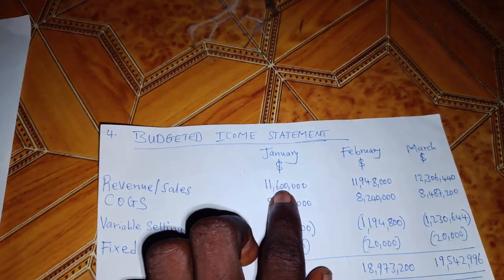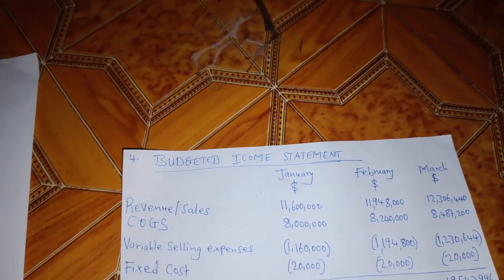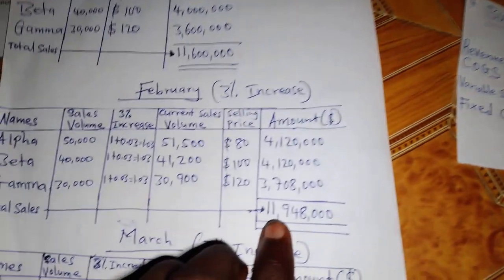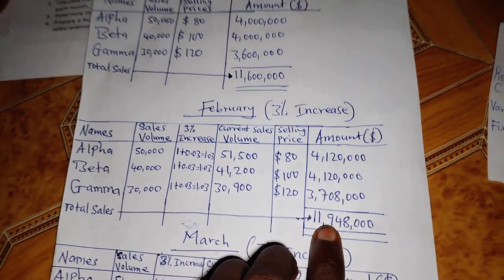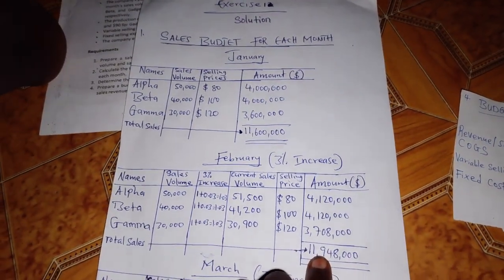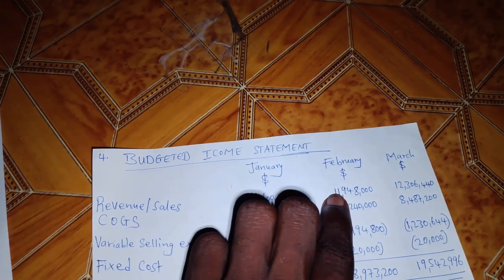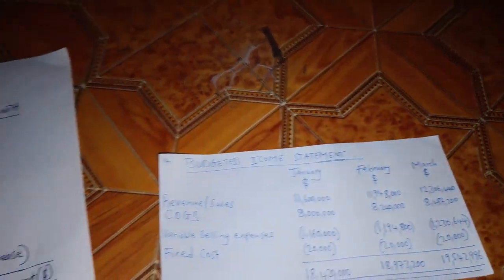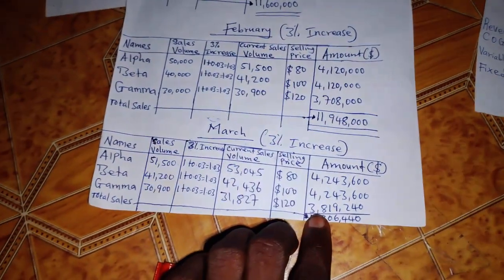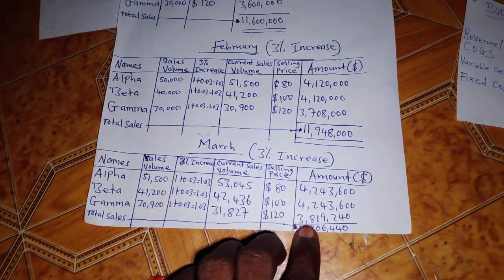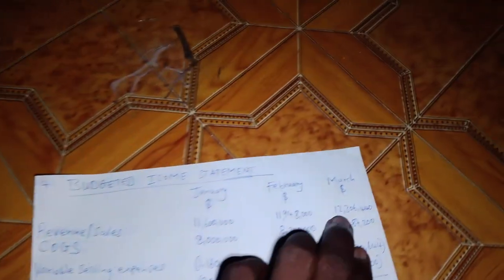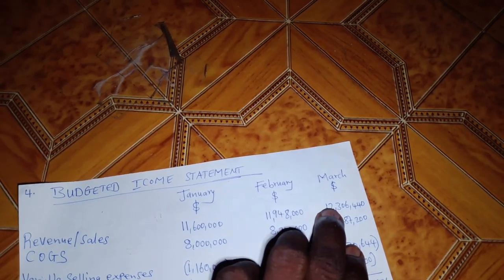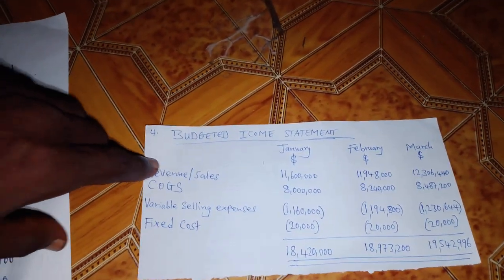When we come again for February, we take the total for February. When we come again for March, we take the total sales for March here again under the budgeted income statement. That is why we said revenue or sales.